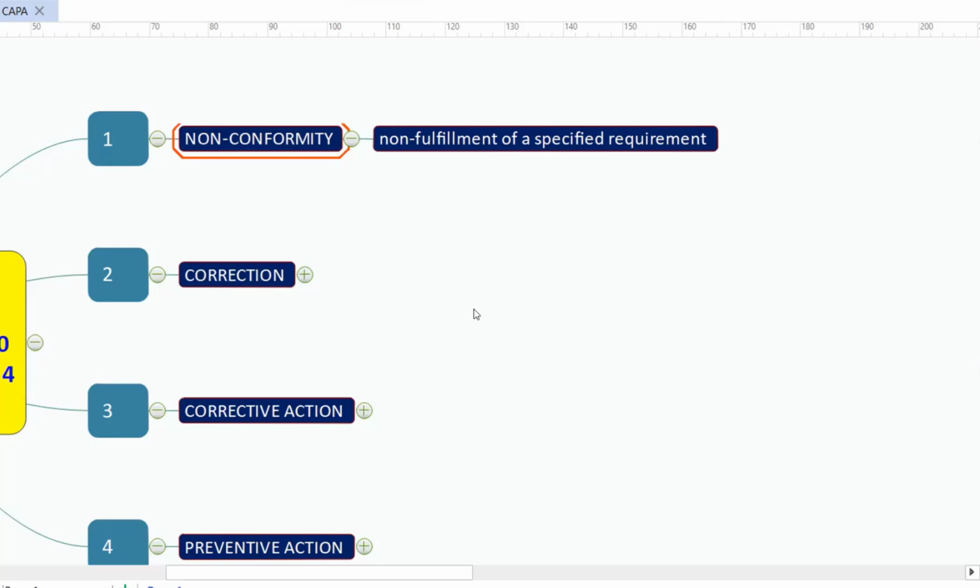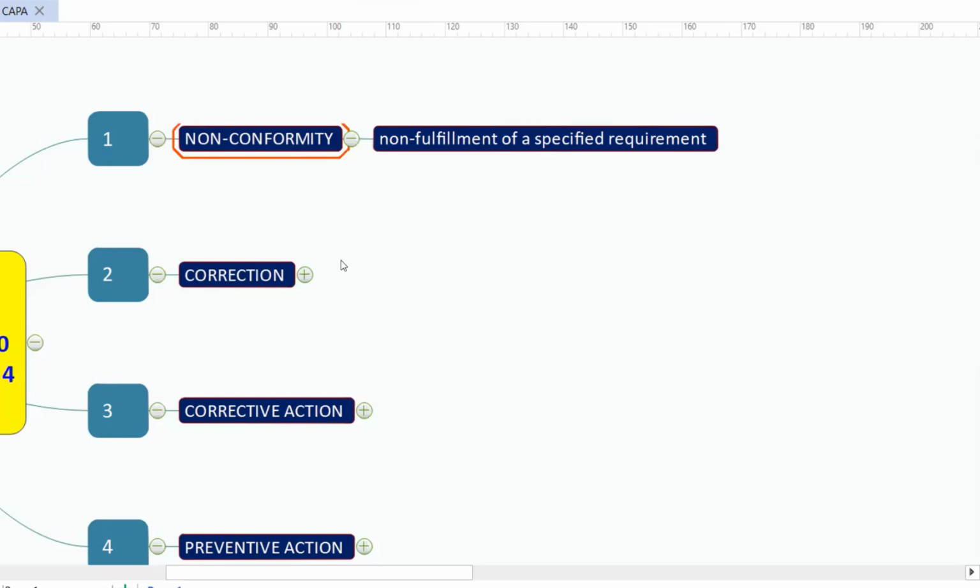Now, in terms of the pharmaceutical industry, you can think that you are supposed to complete the granulation process, but your granulator has stopped working. You are supposed to conduct the blending, you are in the process of blending, but because of some issues your blender stopped working. That is a non-conformity.